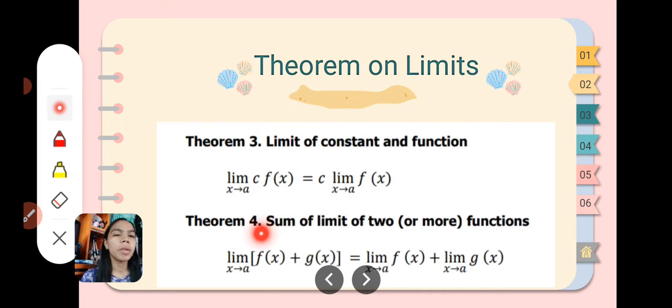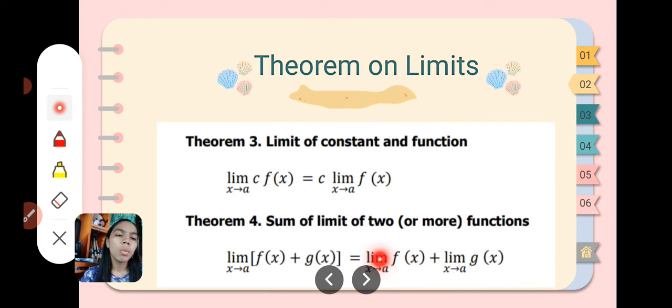And for theorem 4, the sum of limits of 2 or more functions. The limit of f of x plus g of x as x approaches a is equal to the limit of f of x plus the limit of g of x.